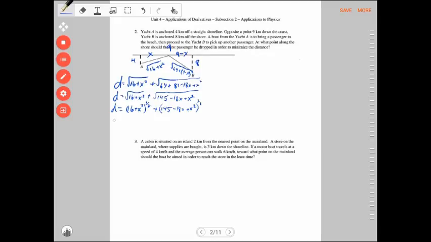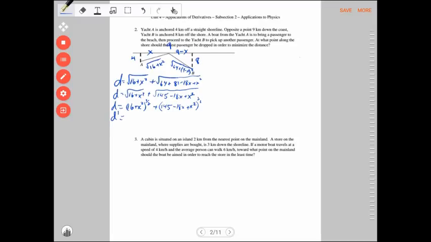So we take the derivative, so d prime. So the half comes down in front. All right, so half, and then 16 plus x squared to the negative 1/2. Okay, and then chain rule times that by 2x. Okay, so that's the first one.